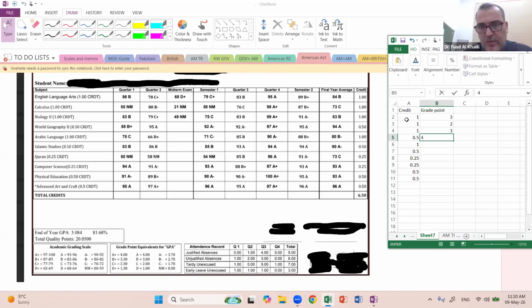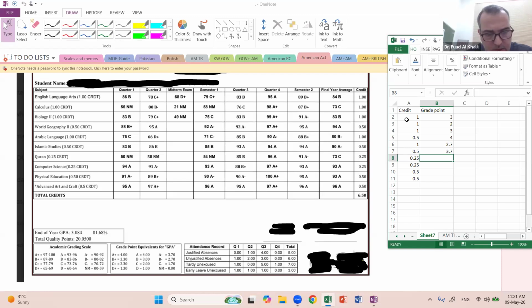A is 4. B minus is 2.7. I'm taking from the legend, from the grade scale. He got A minus in Islamic studies, which is 0.5 credit. A minus is 3.7.